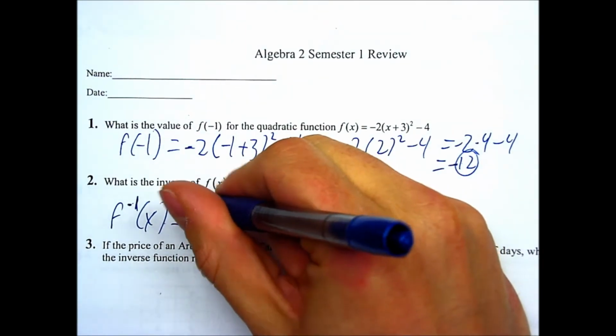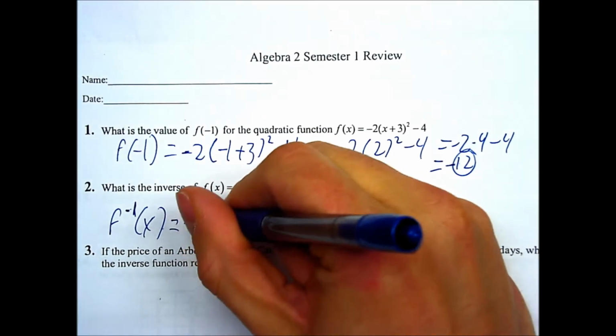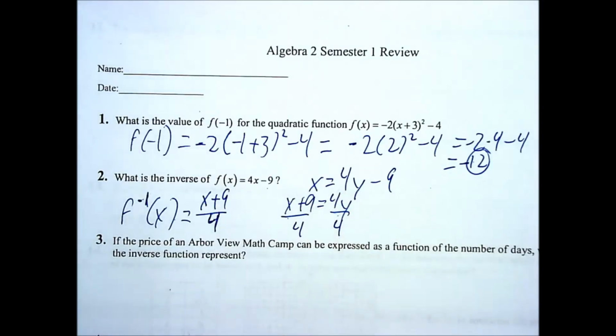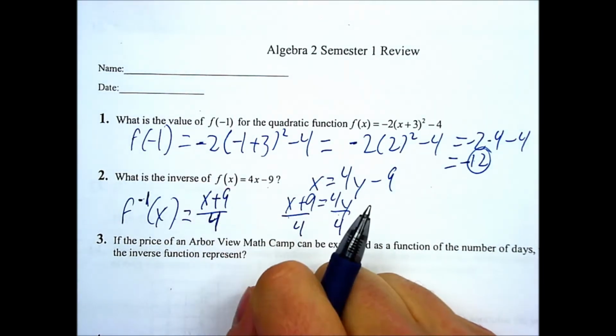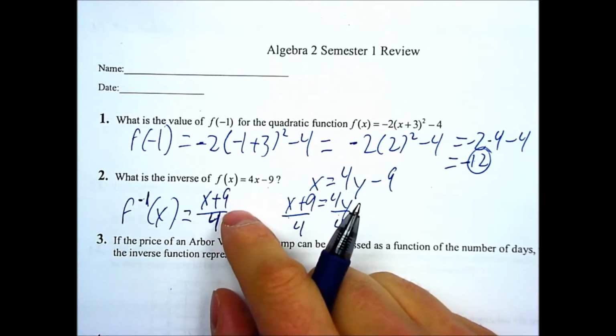However, if that 9 was a multiple of 4, I would probably divide it and write it as the integer value. So, for example, if it was a 12, I would write it as 1/4 x plus 3, because 12 divided by 4 is 3, and x does not divide by 4.